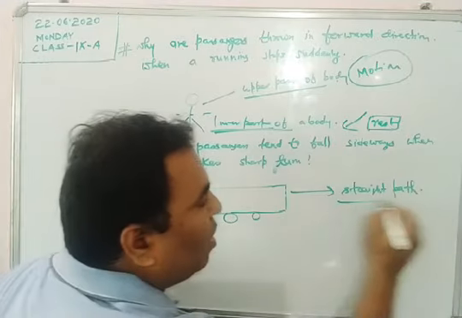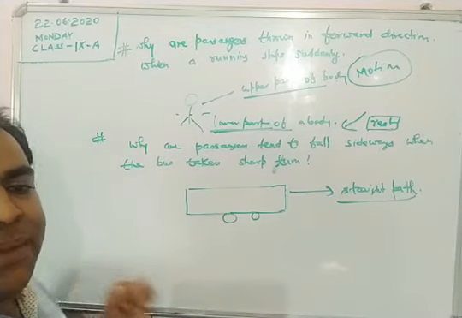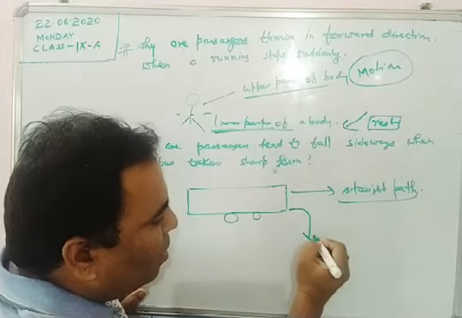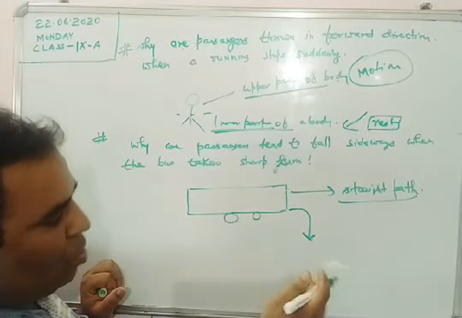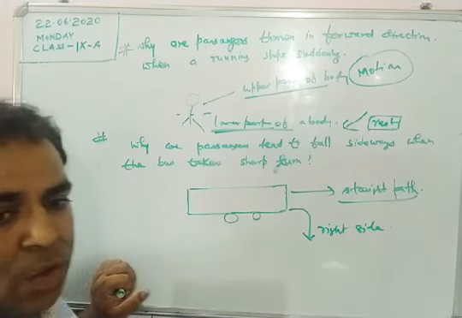What is the same direction? The direction is a straight path. But what happens when the bus takes a sharp turn, suppose to the right side?